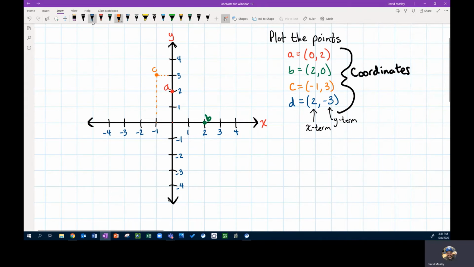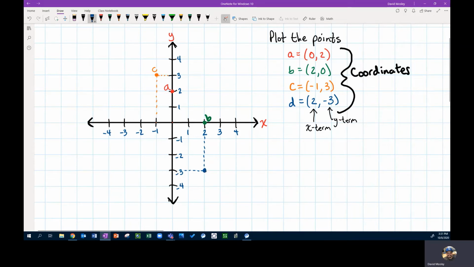Lastly, we'll do point D. Point D is at (2, -3). So again, we'll find 2, which is where point B is, and we'll follow this down to -3. -3 is right here.